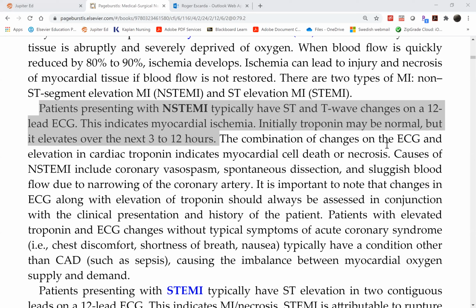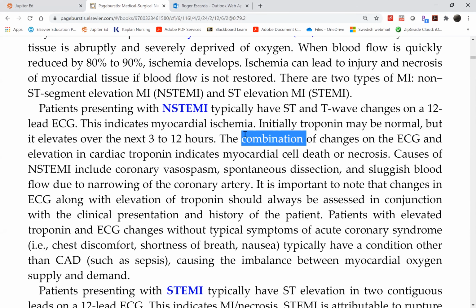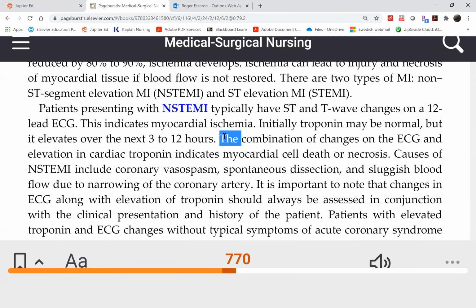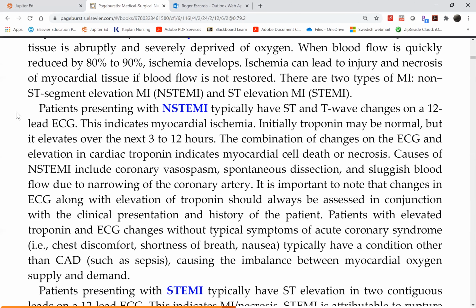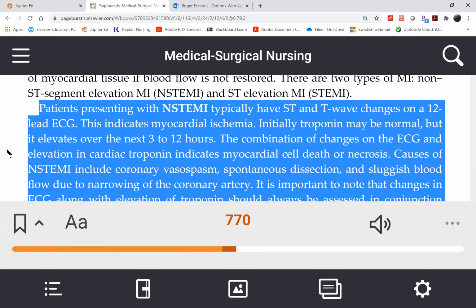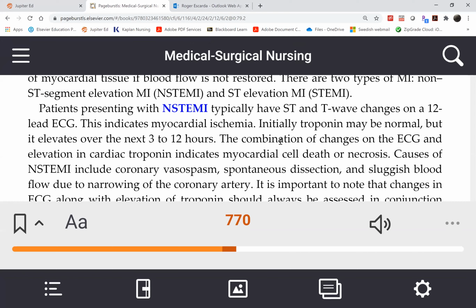Regardless of whether the patient's chest pain is caused by non-STEMI or STEMI, the patient will have some troponins released. The troponin, though, doesn't initially rise until about 2 hours after the ischemic episode occurred.